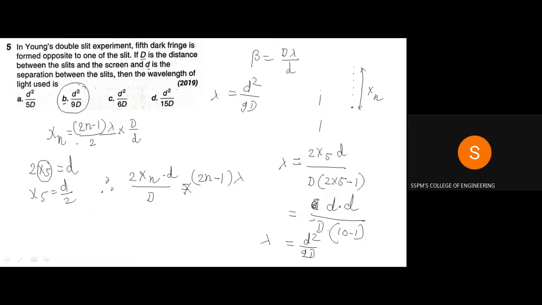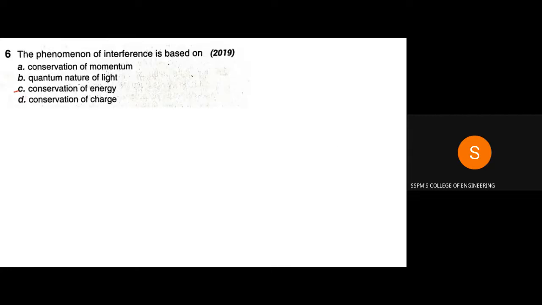Okay. Next one. The phenomena of interference is based on, there are 4 options: conservation of momentum, quantum nature of light, conservation of energy, and conservation of charge. The phenomena of interference means what?